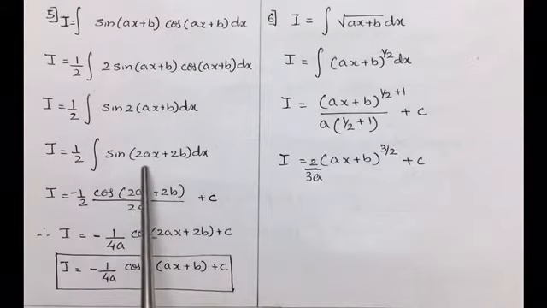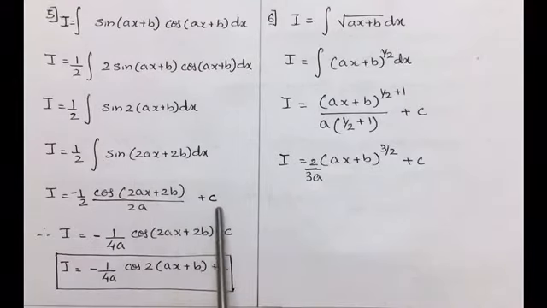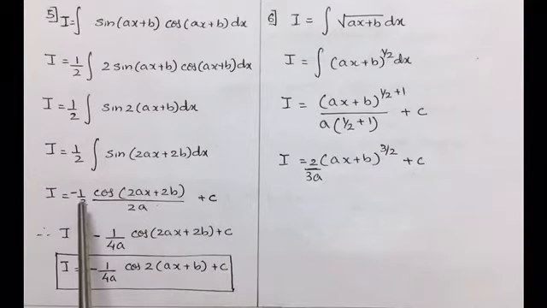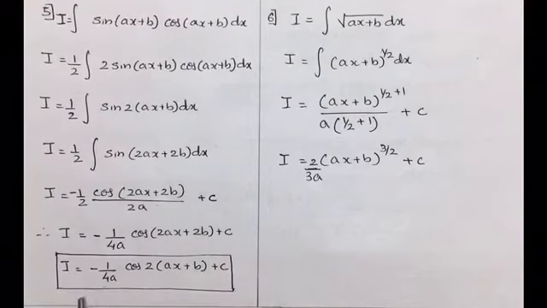Now in integration, the coefficient of x is divided, so the coefficient of x here is 2a, which is being divided here, plus c. And 2 and 2 get multiplied, so I is equal to minus 1 upon 4a cos 2ax plus 2b plus c. Taking 2 common, the final answer will become I is equal to minus 1 upon 4a cos 2 times ax plus b, plus c.